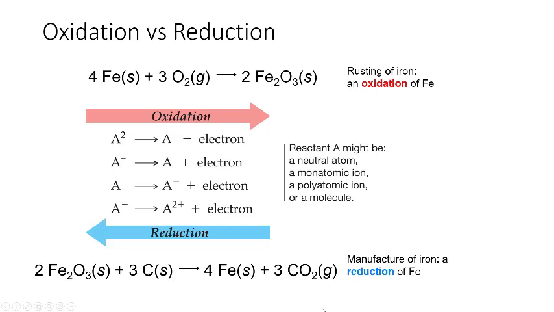So we can either oxidize or reduce a material depending on how we react it. In the next few slides, we're going to overview how we can recognize these as an oxidation or reduction reaction.